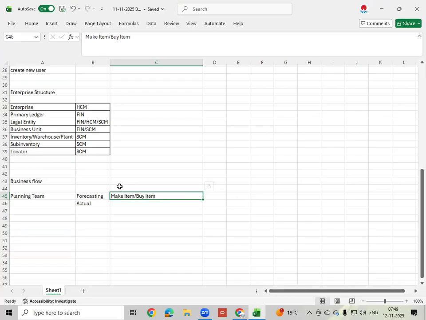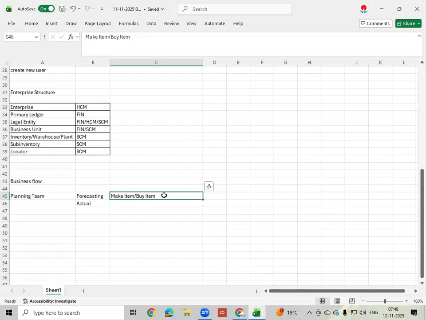If the system is implemented, when you calculate the demand for finished goods, it will automatically calculate the demand for buy items. Why? Because these items are assigned to the finished good. There is a bill of material structure link, so the system calculates it automatically.